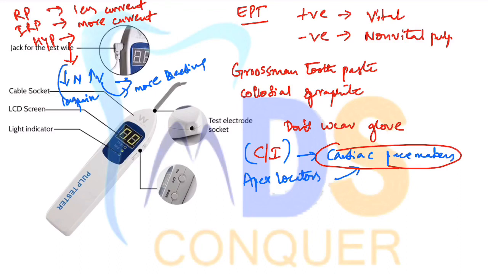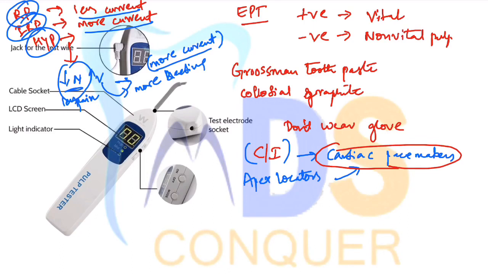The pulp polyp, that is hyperplastic pulpitis, contains fewer nerves than the normal pulp, so it requires more current to give pain. Reversible pulpitis, less current. Irreversible pulpitis, because nerves are damaged, more current is required. Hyperplastic pulpitis has fewer nerves, so more current is required to elicit pain.